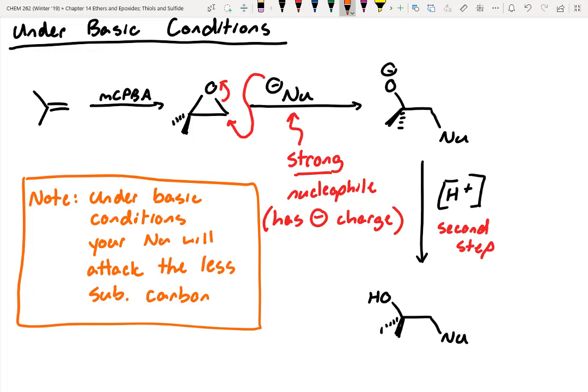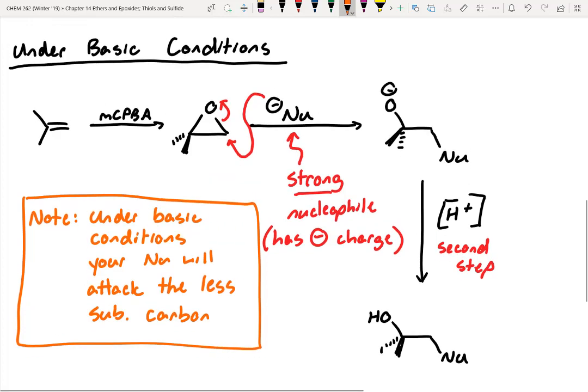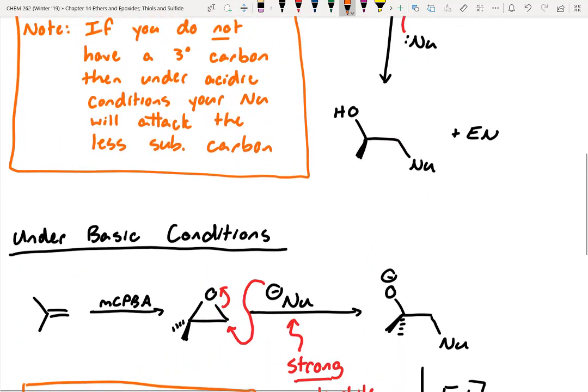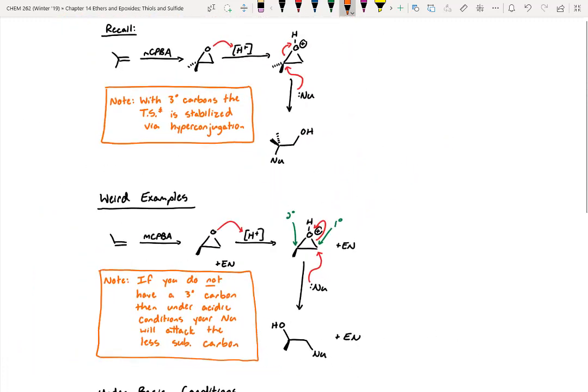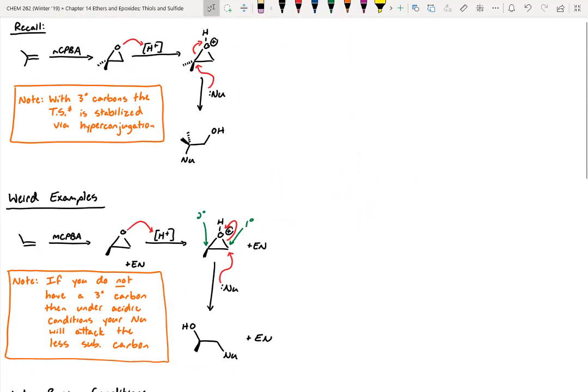Does that make sense? So this top part is arguably the most tricky thing to remember, right? And that is keeping track of, under acidic conditions, whether or not you've got a tertiary carbon or a non-tertiary carbon. If you have a non-tertiary carbon, you're going to attack the less substituted one. However, if you have a tertiary one, your nucleophile will attack your more substituted carbon.